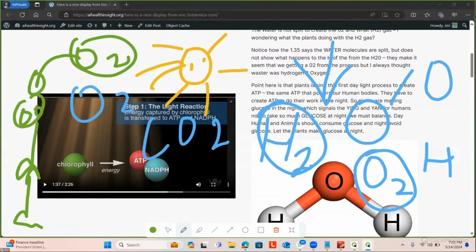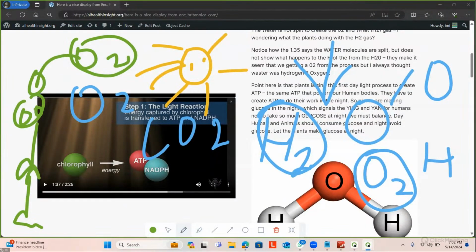So that is how the plant makes oxygen for us. If we don't get oxygen, we will die. But who's making the oxygen? The plants.